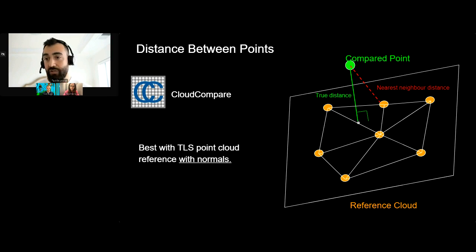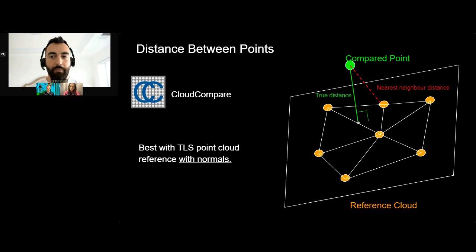And now, just to show that I'm not cherry-picking locations, let's take a look at a global comparison of the distance between these two point clouds. A wonderful software to do this is called CloudCompare. It's completely open source, amazing software made specifically for this purpose. It's going to compare the photogrammetry point cloud to the reference laser scan point cloud.